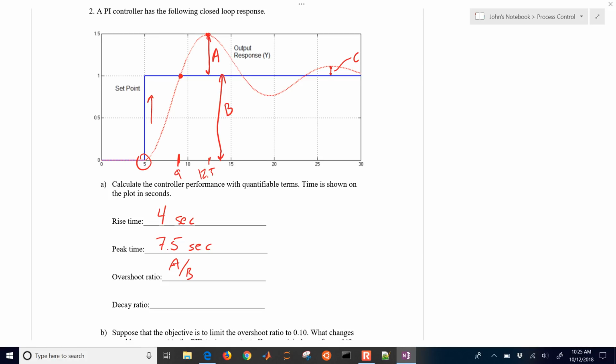In this case, A is 0.5 and the set point change is 1. So the overshoot ratio is 0.5, or you could say 50%.